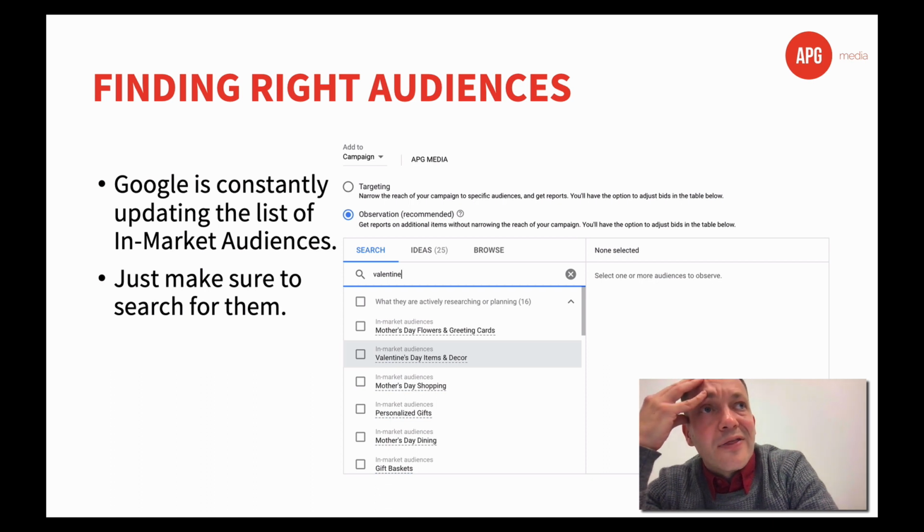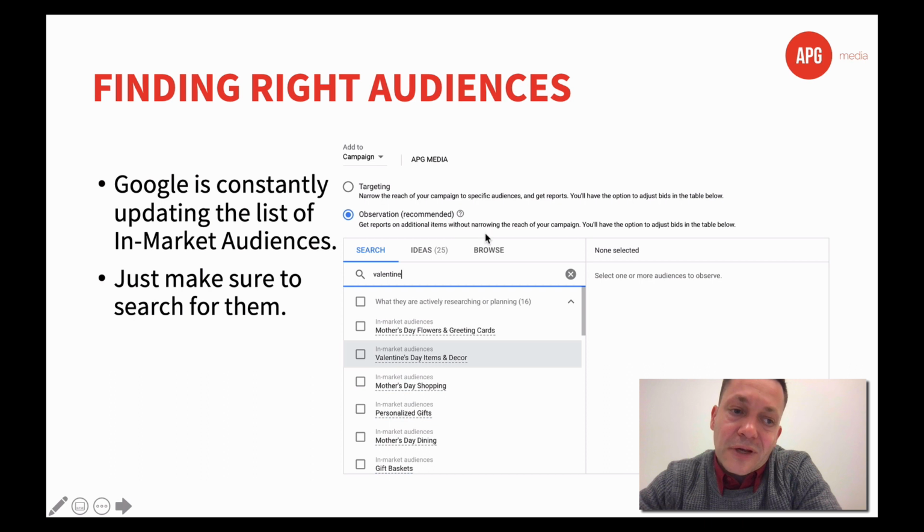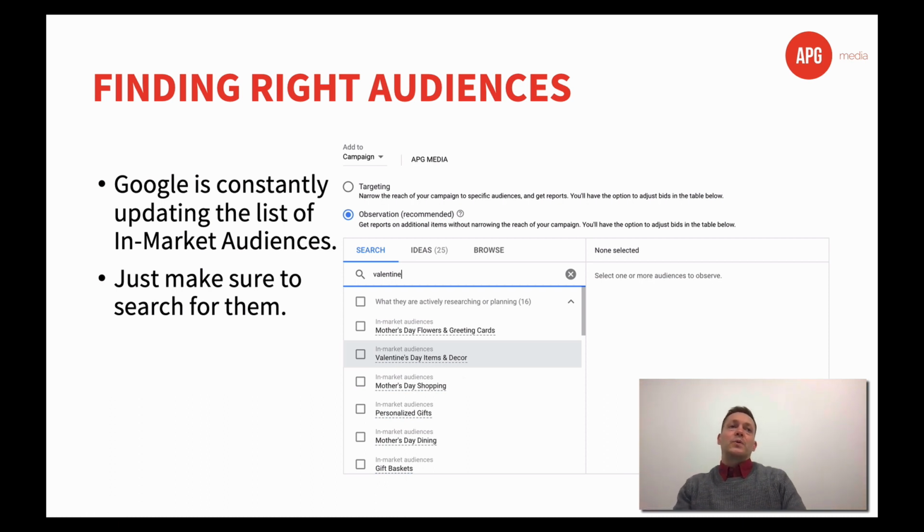Not really much targeting, right? So I would say that if you're running Google Display Network campaigns, make sure to hit targeting and select these audiences that you want your ads to show for. So like here, I'm saying, look, Valentine's Day is coming, maybe in, I don't know, 3, 4 months.